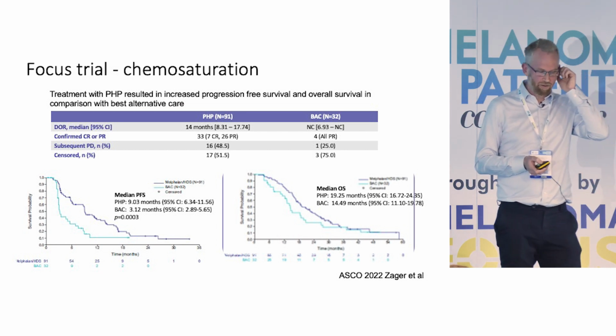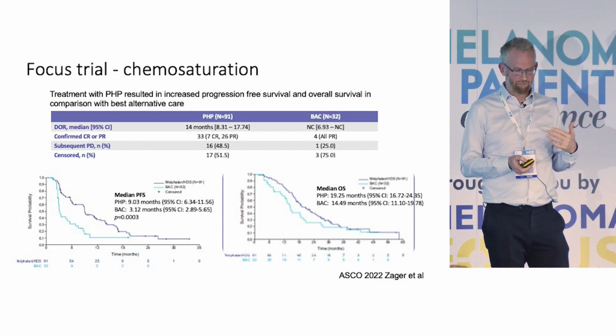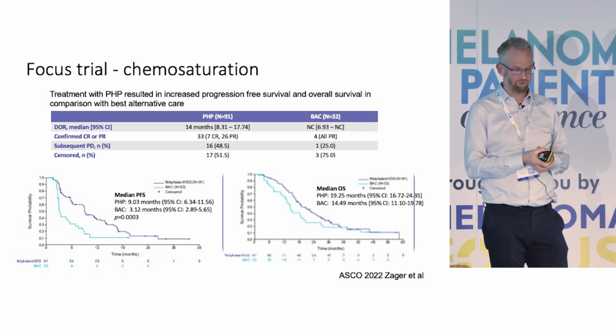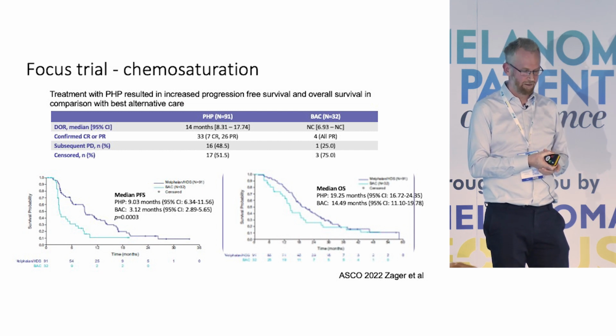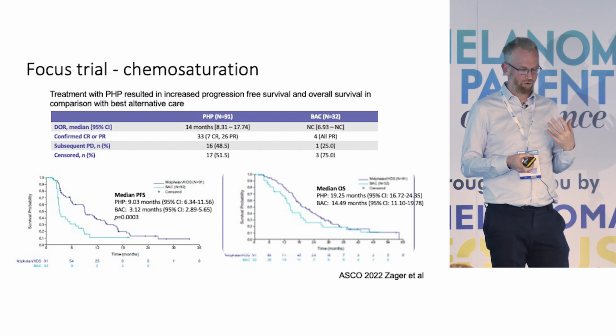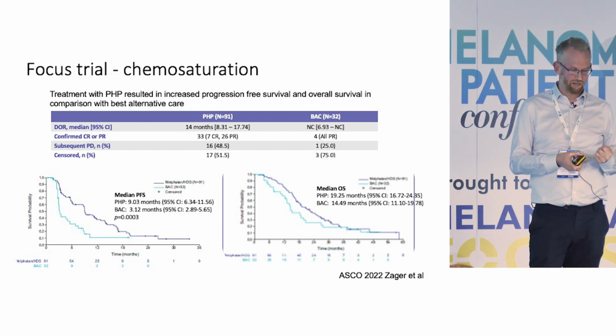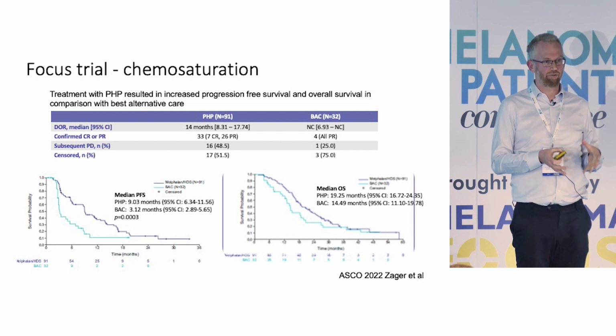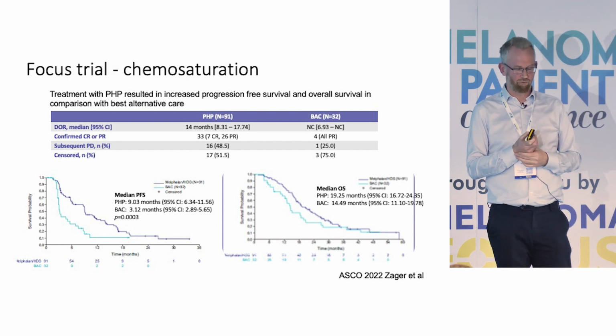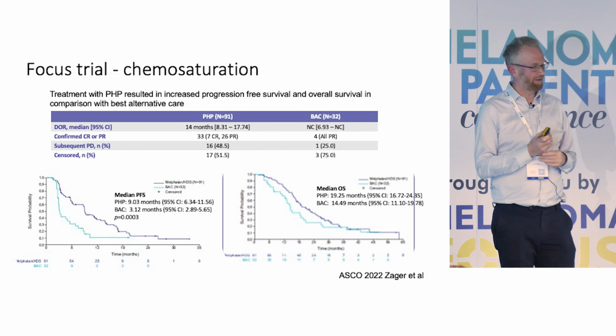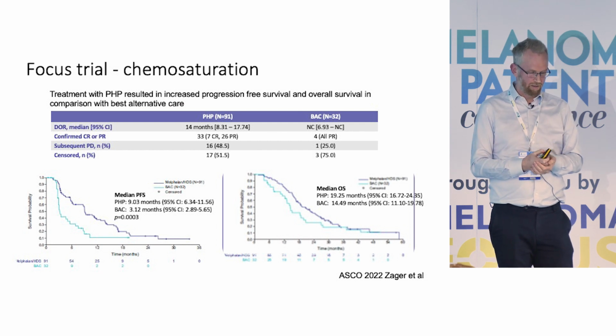But this FOCUS trial had 91 patients treated with PHP or Delcath against 32 patients who were treated with best alternative care. And the confirmed response, out of those 91, there were 33 patients with confirmed response to treatment, that is a reduction of 30% or more, and 4 in the control arm.